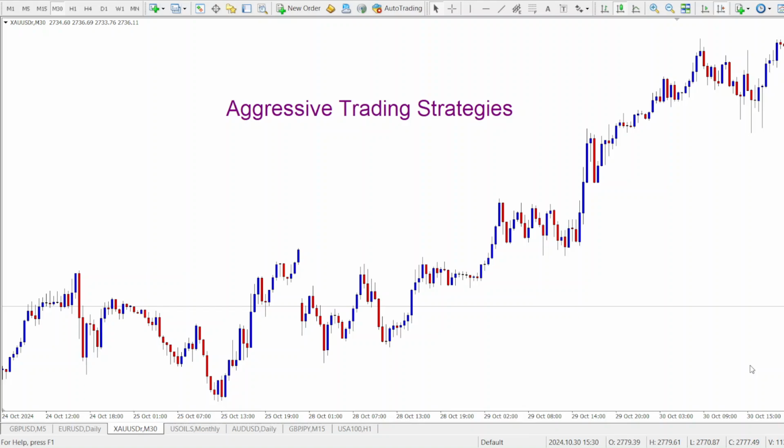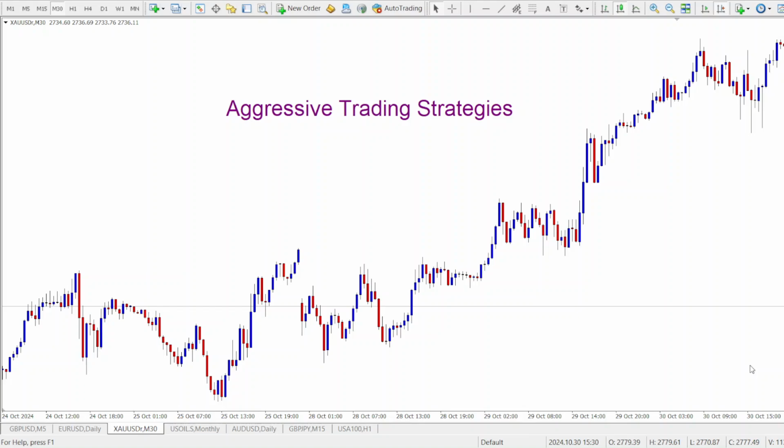By mastering this concept, you can navigate the fast paced world of Forex with confidence. Remember, aggressive doesn't mean reckless. They are not the same thing. It's about making informed decisions that align with your trading goals.